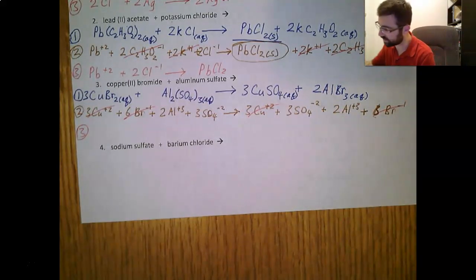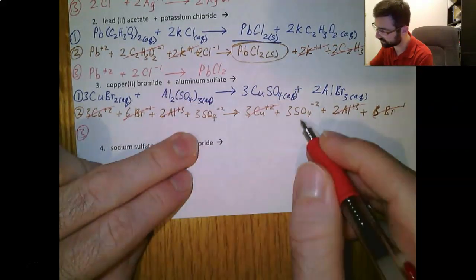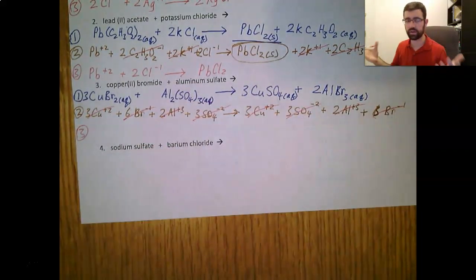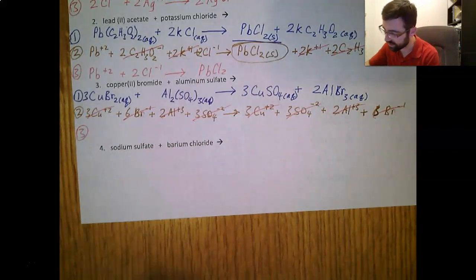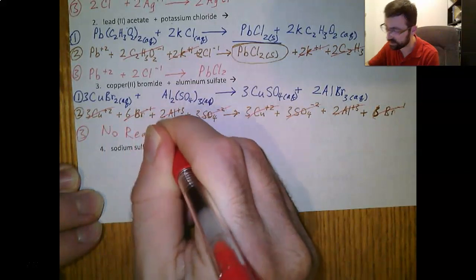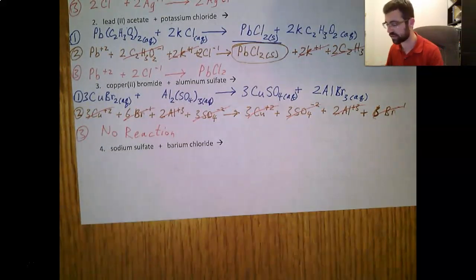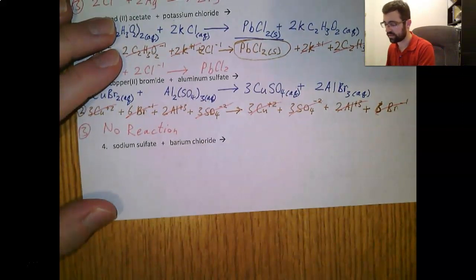All right, and then 2 aluminum. I have 3 sulfate. Well, good grief, I don't have anything. So this is actually no reaction. There's no reaction because all I have is just the same dissolved ions that I started with, okay? Because everything's still aqueous. So that's kind of a tricky one.